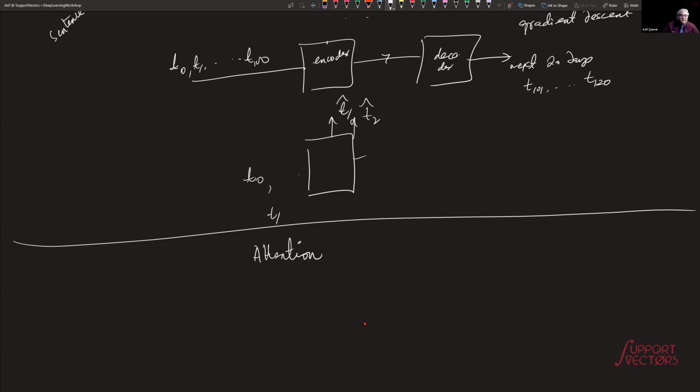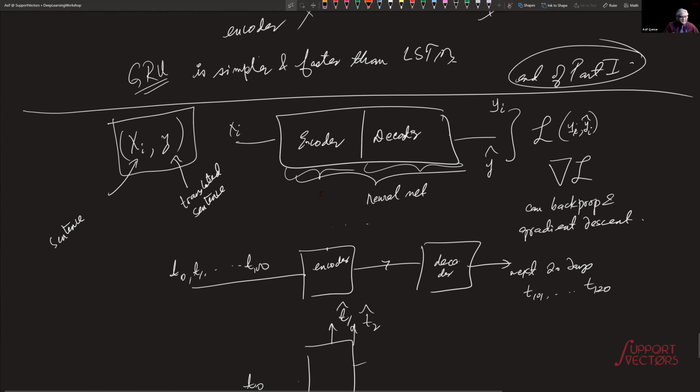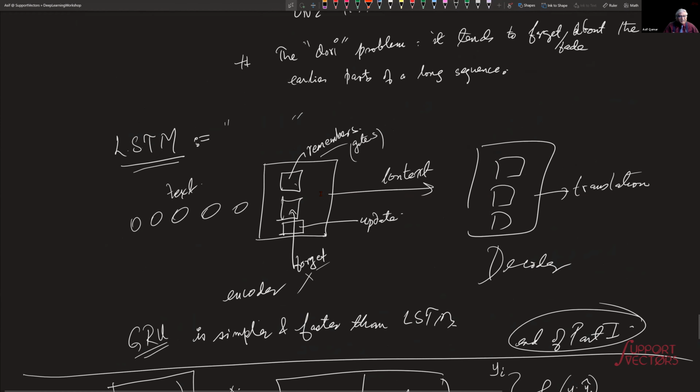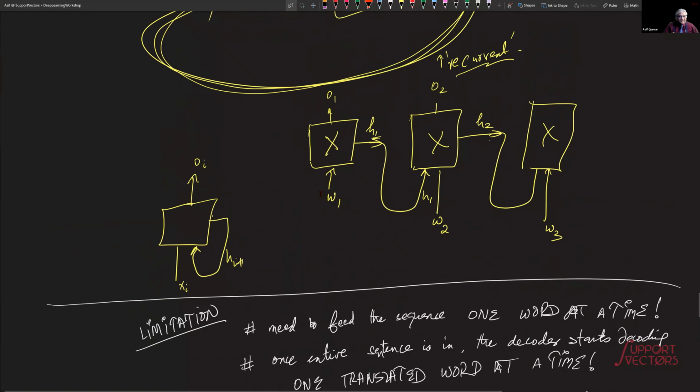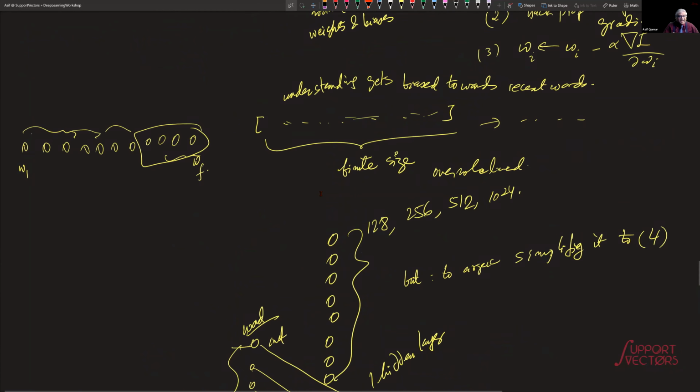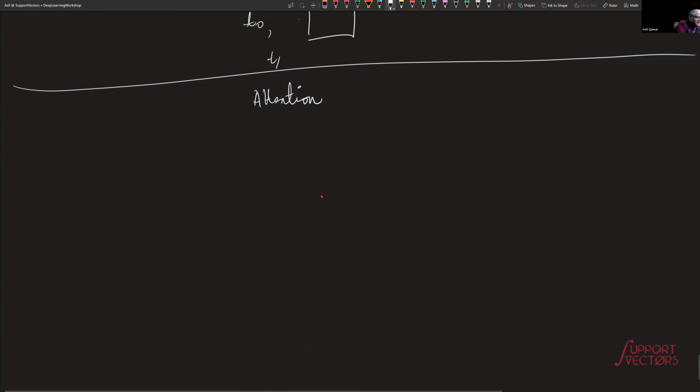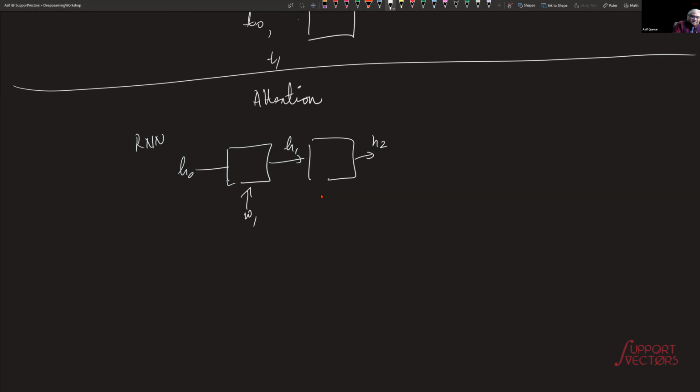Go back to the recurrent neural network. I'll just recap it here. If you think of an RNN, there is a word W1, there is an H0, it produces H1, it produces H2, word 2 goes in, and finally you have H final minus 1 producing H final and W final.